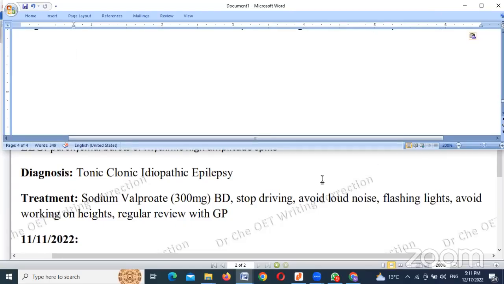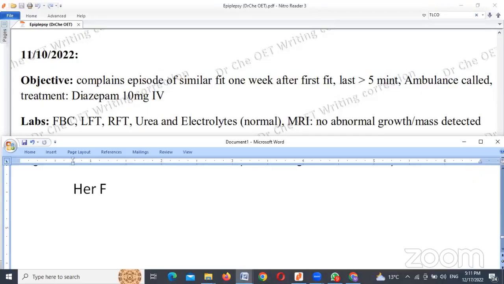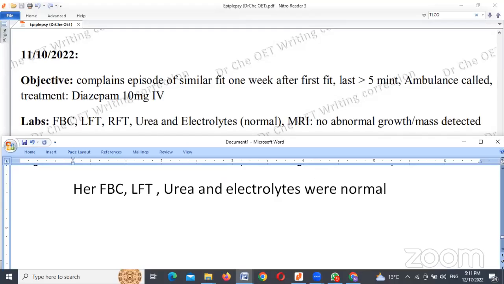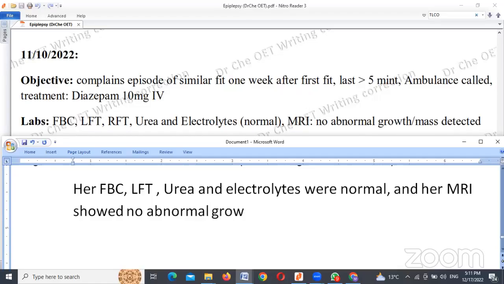Her FBC, LFT, urea, and electrolytes were normal, and her MRI showed no abnormal growth or mass.